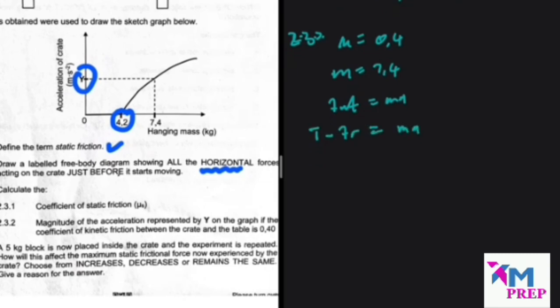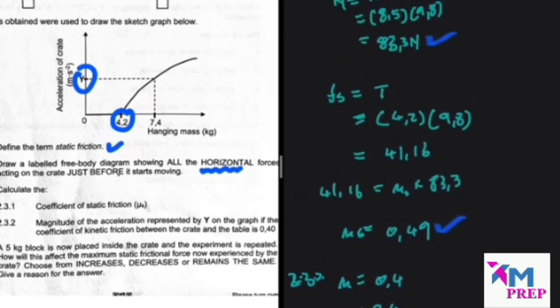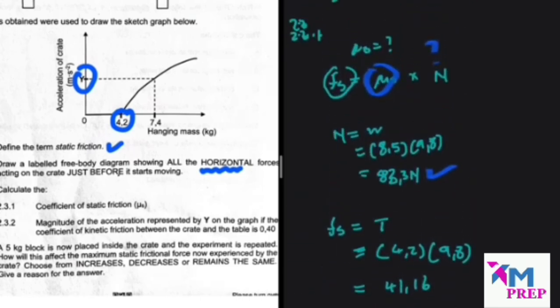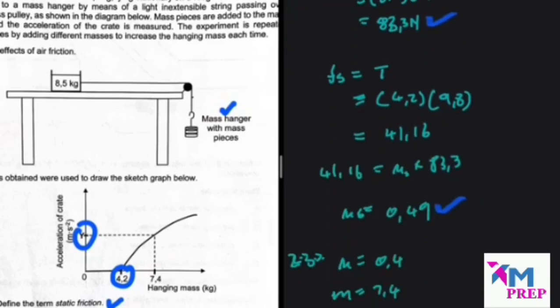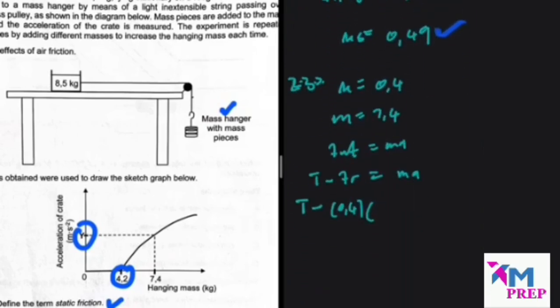So what is the tension? We don't have the tension at this point. What about the frictional force? We have the coefficient, right? So this is 0.4 multiplied by the normal force, which is 8.5 multiplied by 9.8, 83.3. So we have 83.3, and then this is equal to 8.5a.